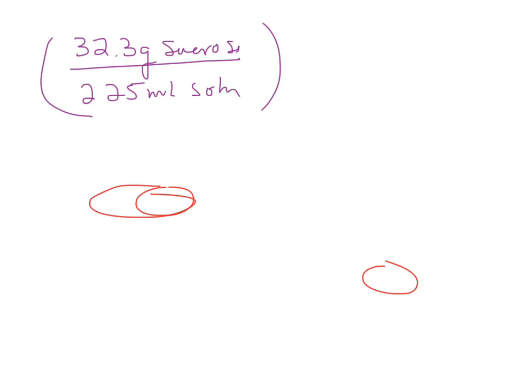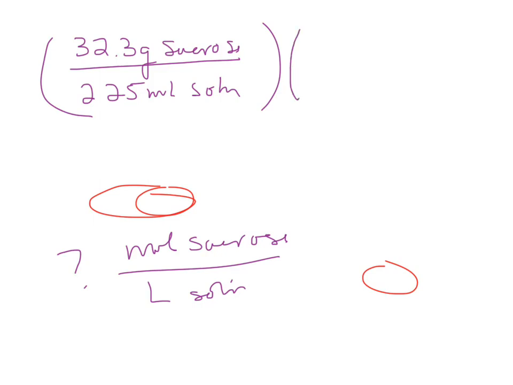If my target is moles of sucrose over liter of solution, notice I need to fix both: my grams need to go to moles and my milliliters need to go to liters. So whichever one you want to fix first, let's go ahead and fix the milliliters to liters first. 1,000 milliliters over 1 liter of solution.